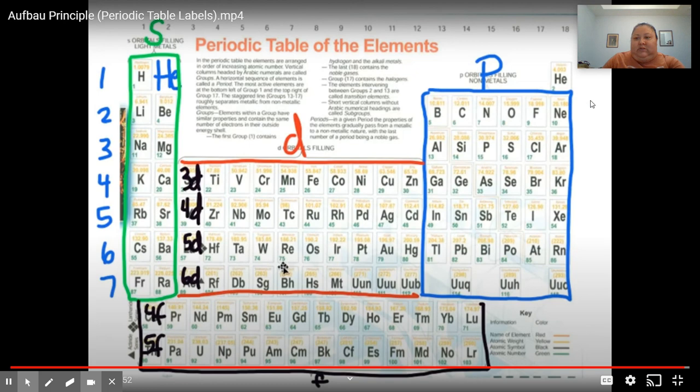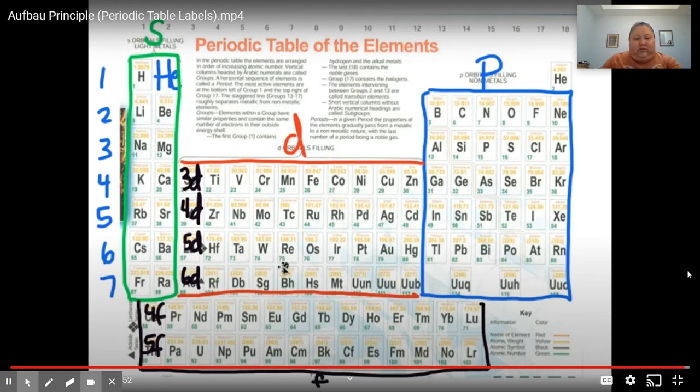So this is still 2p, this is 3p, this is 4p, right here is 5p, 6p, and then 7p. The only area where it's going to drop down into a different energy level is the D block and the F block. Other than that, you will be using these energy levels. So just be careful when you get to that area.